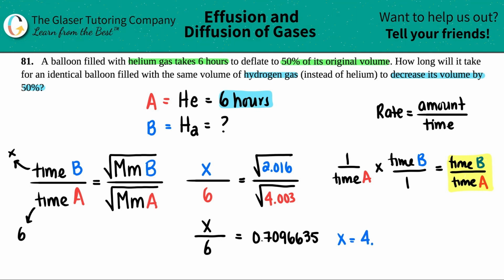It's 4.257, so 4.3. And that's hours because the other time was in hours. And that is your final answer. So it takes hydrogen 4.3 hours when it takes helium 6 hours to deflate to the same volume.